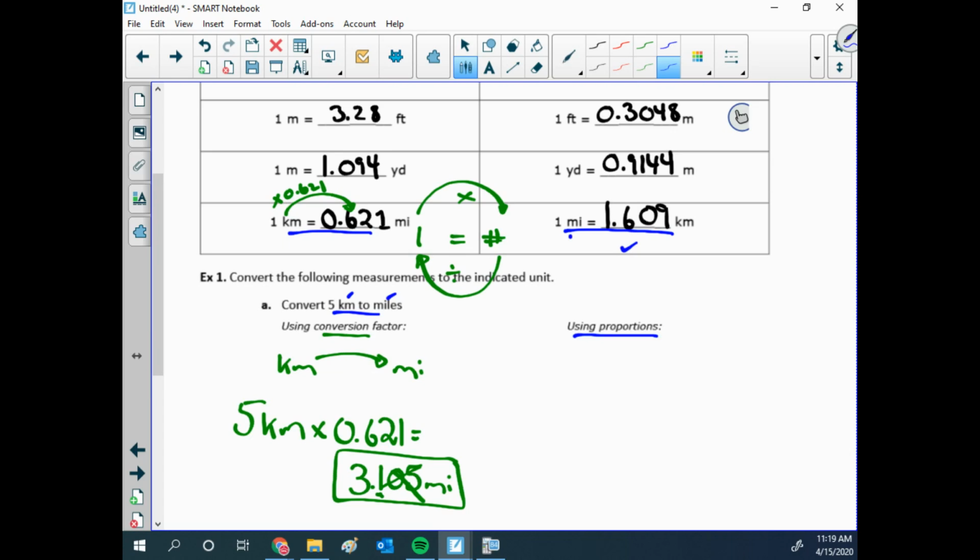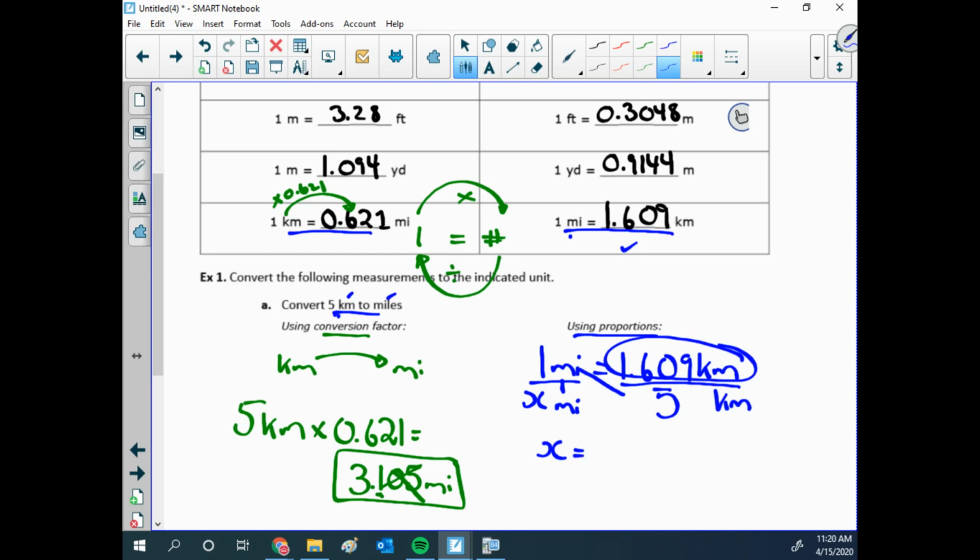It says 1 mile is equal to 1.609 kilometers. If we remember how to set up proportions, you set up two fractions. Here is all going to be miles, and here is kilometers. They're asking how many miles is in 5 kilometers. Once I've set up my proportion, I cross multiply and divide to solve for miles. So x would equal 1 times 5 divided by 1.609.